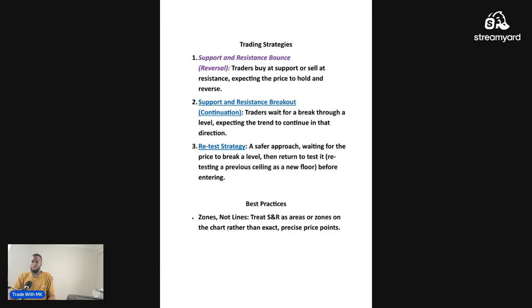Support and resistance breakout, that's another strategy right there. Continuation: traders wait for a breakthrough of a level, expecting the trend to continue in that direction. So that's another strategy people also use with support and resistance.